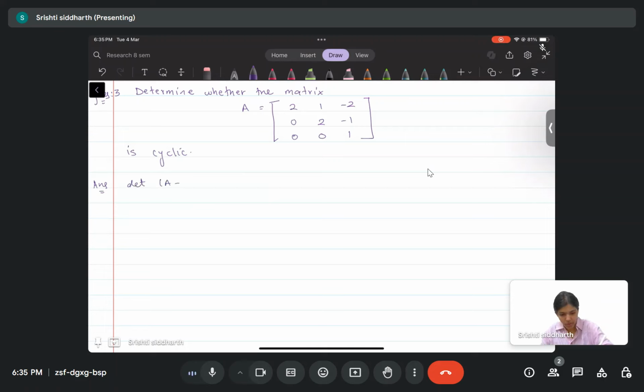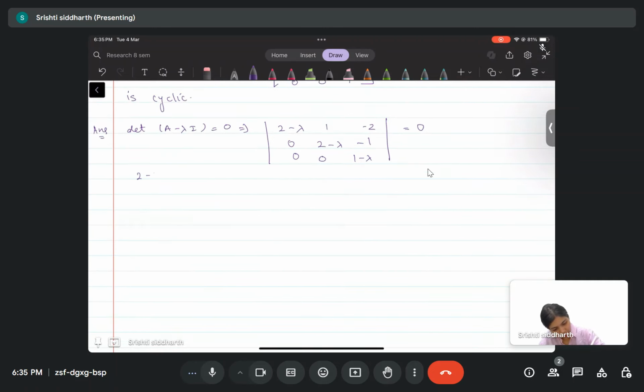Determinant of A minus lambda I equals 0, which is 2 minus lambda, 2 minus lambda, 1 minus lambda, zeros, 1 minus 2 minus 1 equals 0. So this is an upper triangular matrix, so the determinant is easy.